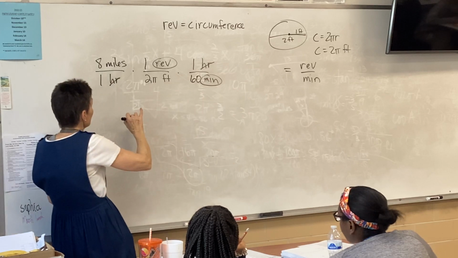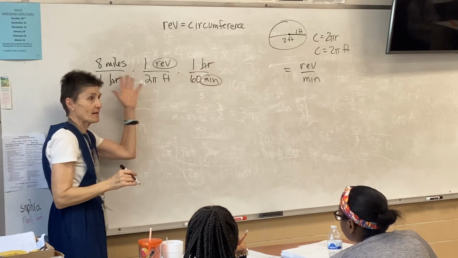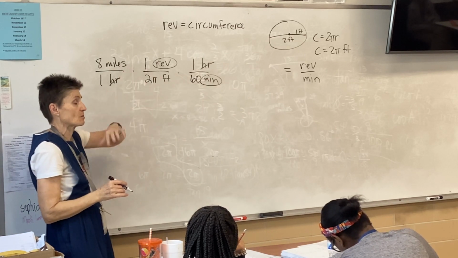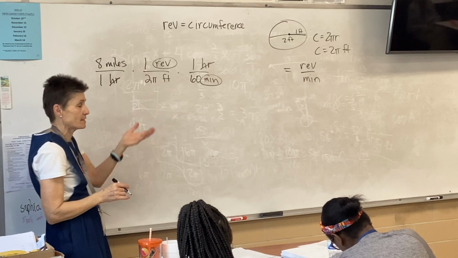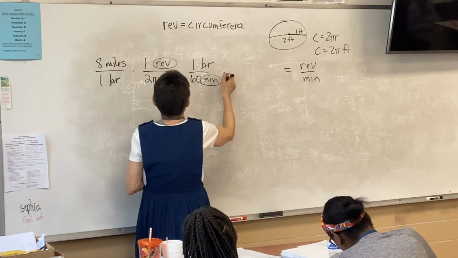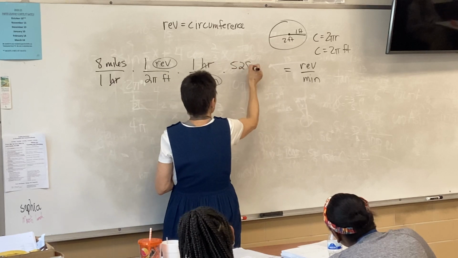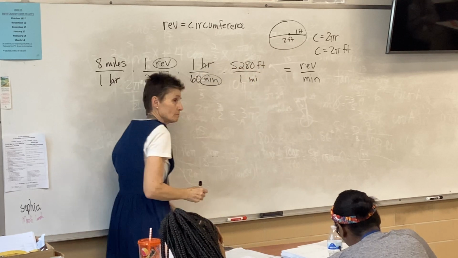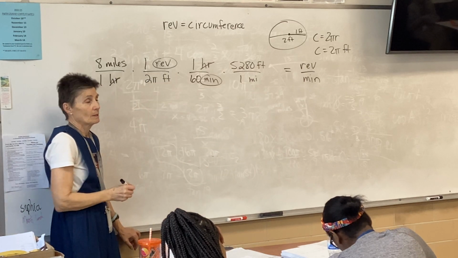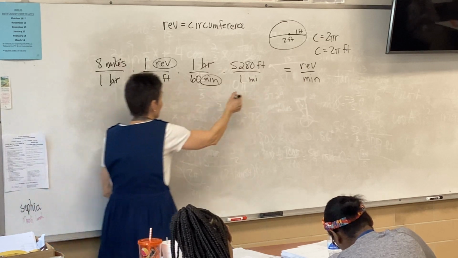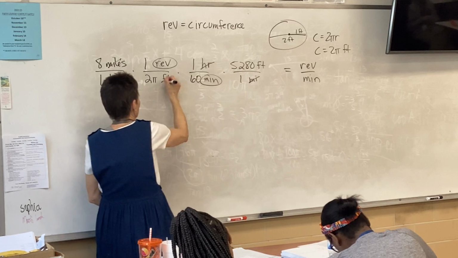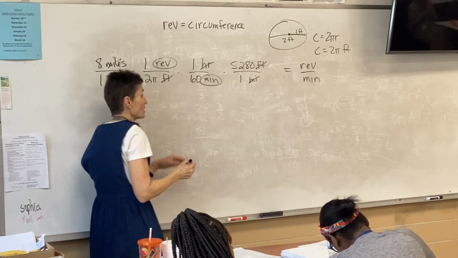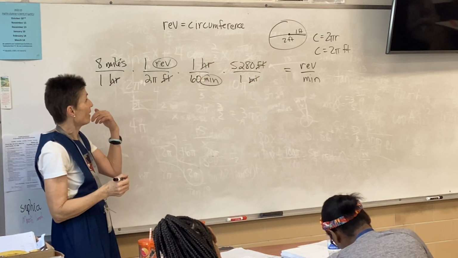But I gotta get rid of miles and feet, they gotta cancel. So what do I know about miles and feet? There are 5,280 feet in 1 mile.